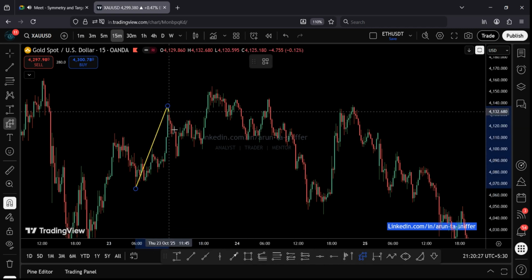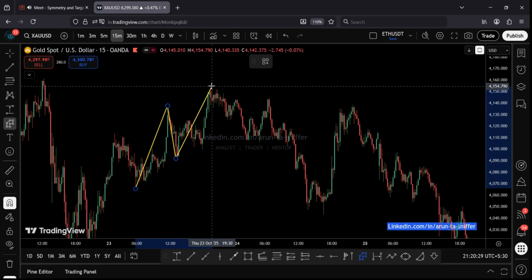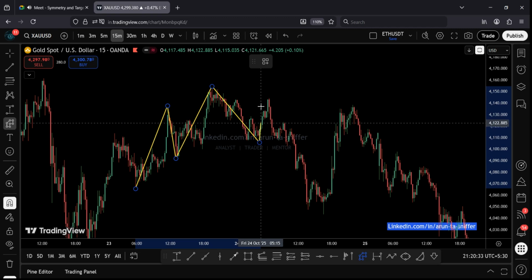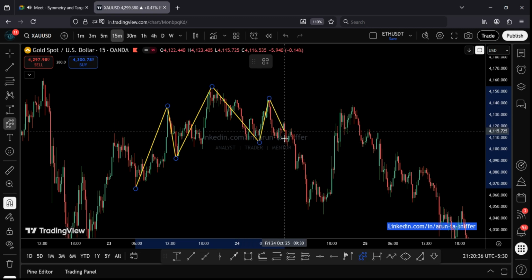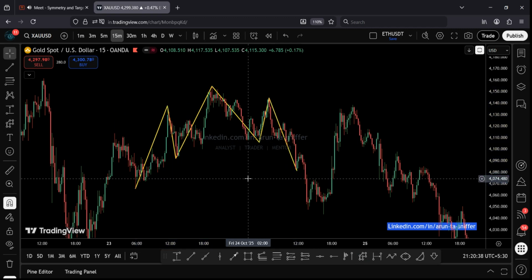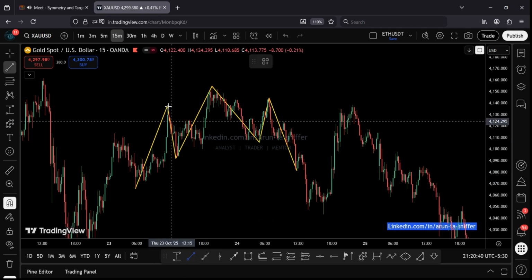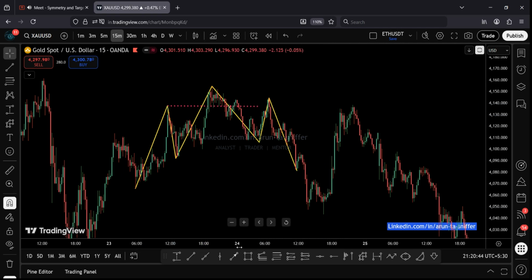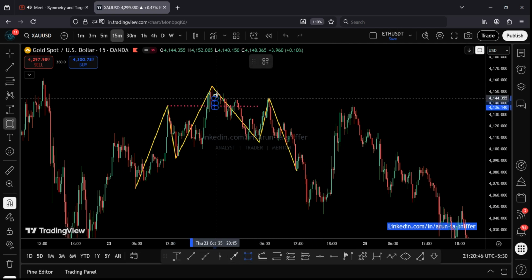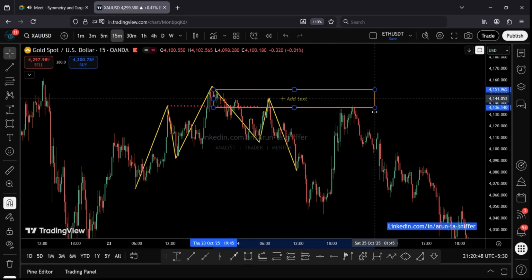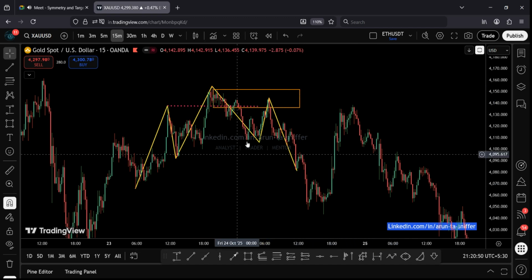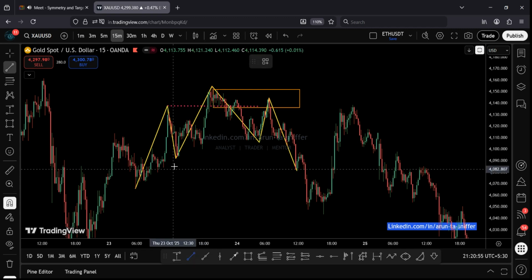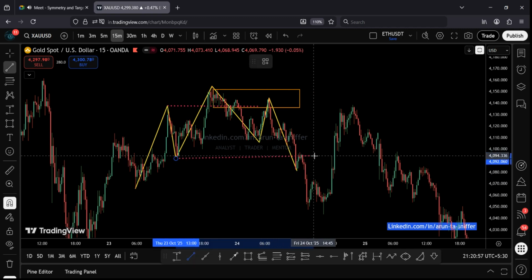Price goes up, comes down, goes up, comes down till here, then goes up and then comes down here. So what is happening here? When price is hitting the LSK, where is the LSK? This one is the LSK. Hitting this LSK, coming down to this will be our safest target.